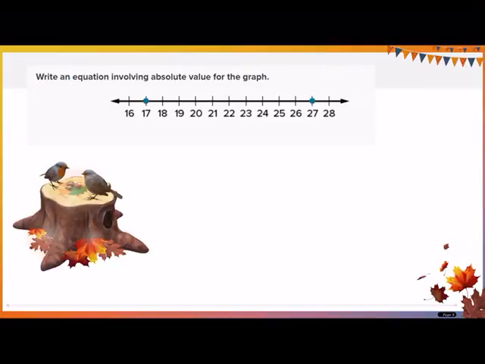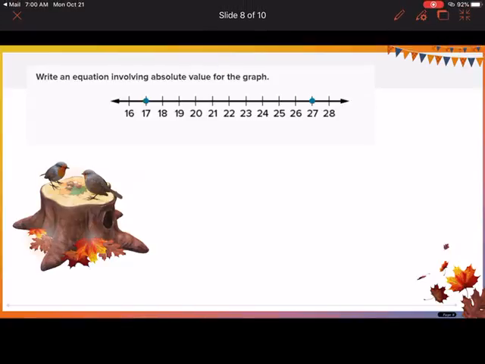So write an equation involving absolute value for the graph. So here, this is a little bit more difficult. I have to figure out how many spots are in between these numbers. So it looks like I have 17, so that would be 5. So I'm going to go to right here.